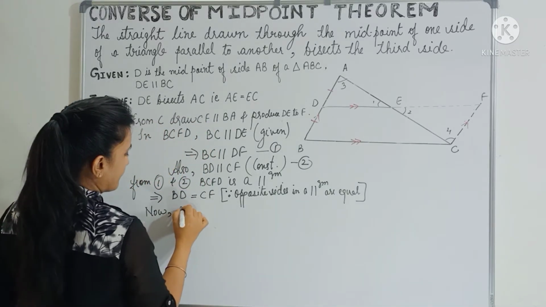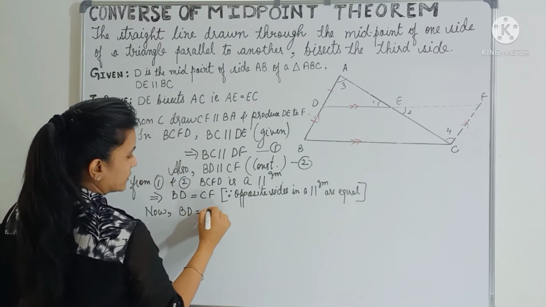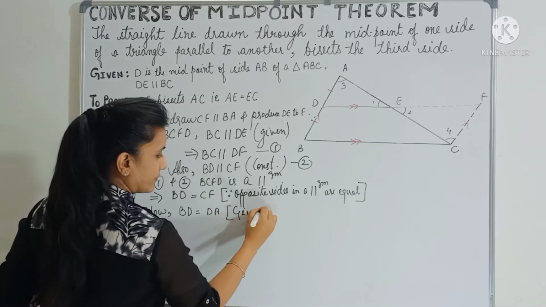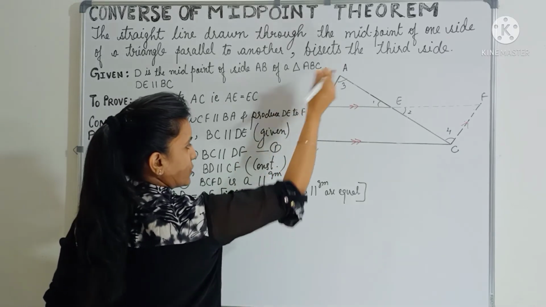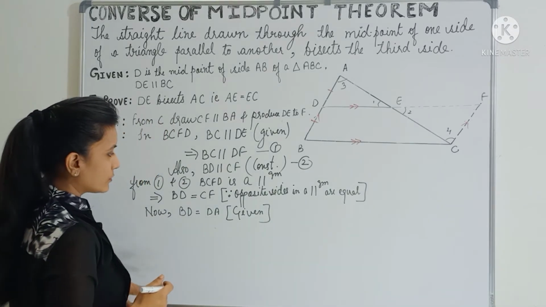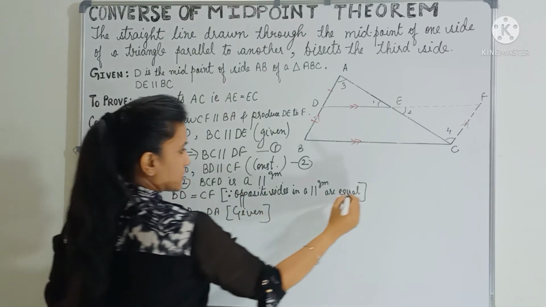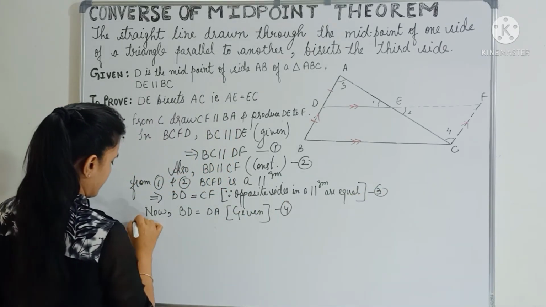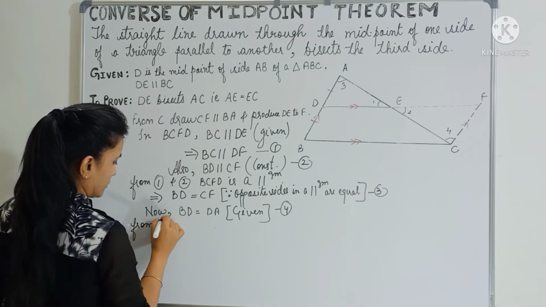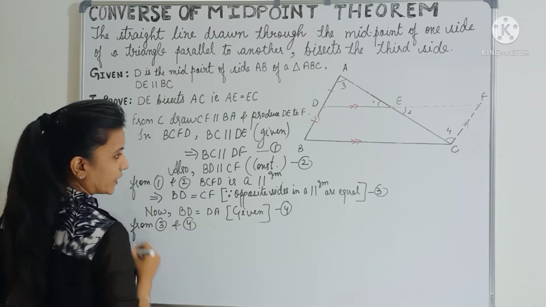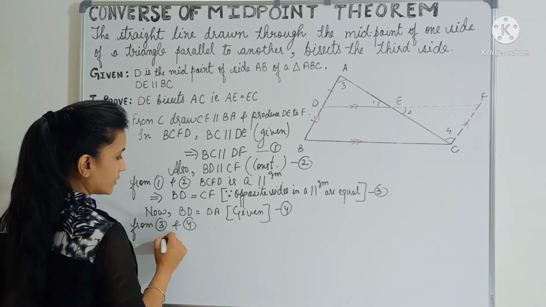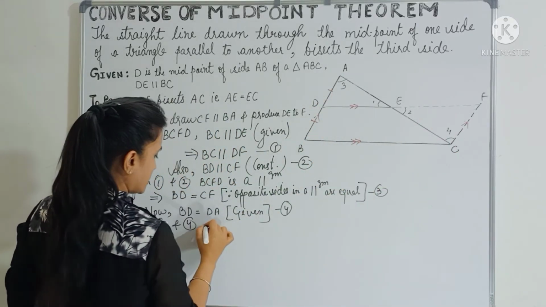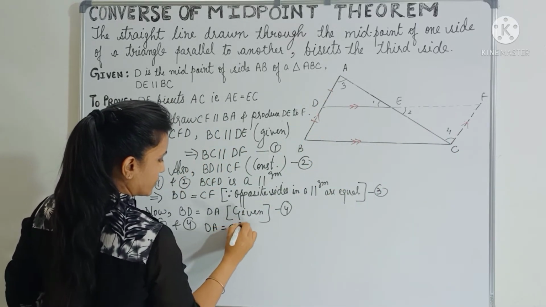So here BD is equal to DA. Why? It's given, right? BD is equal to DA. Now what can you conclude from these two? Let's say this is 3 and this is 4. So from 3 and 4, what can you conclude? We can conclude that DA is equal to CF, right? DA is equal to CF, isn't it?